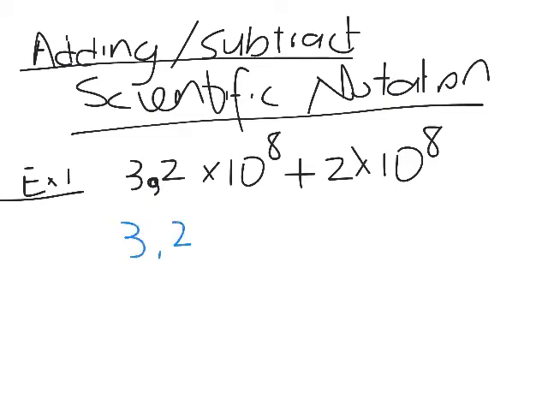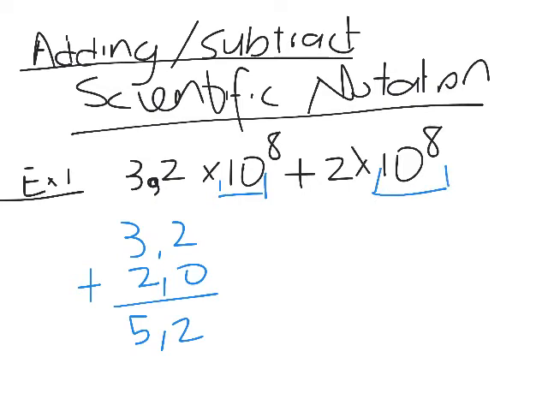I know 3.2 plus 2 is 5.2. And then I just drop those next to it, so it will be times 10 to the power 8, just because those are the same. Okay, so that's my answer. That's how I start. Very, very easy. All I look at is the powers, and the powers are the same. I'm good to add these.